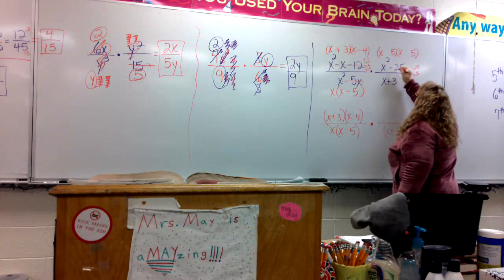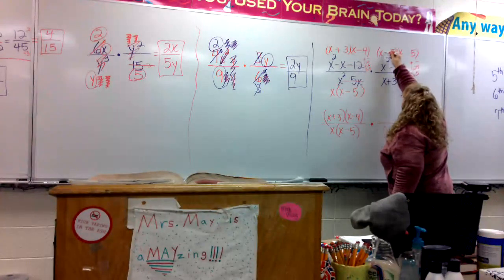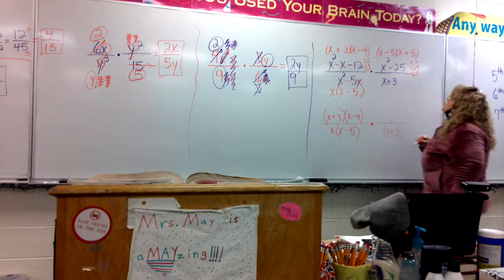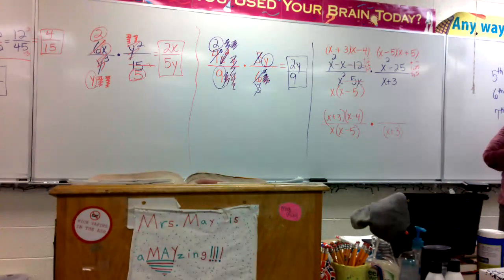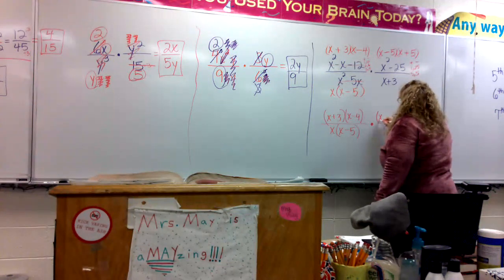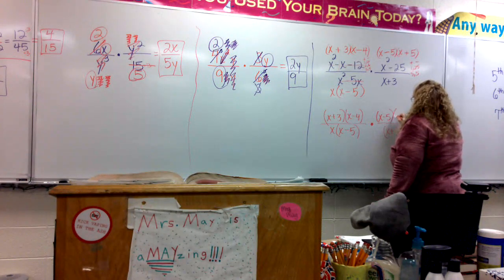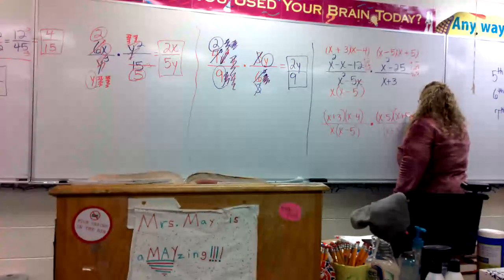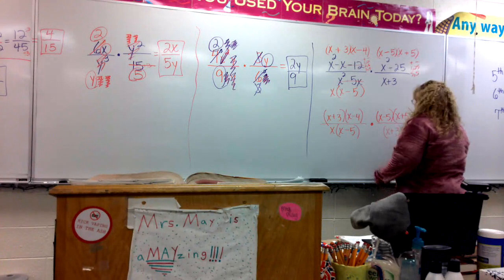Yes. And how do you get a negative? One of each. And it doesn't matter which is which, right? Because they're both the same. So the top thing factors into x minus 5 and x plus 5.